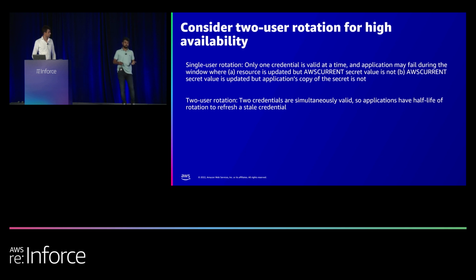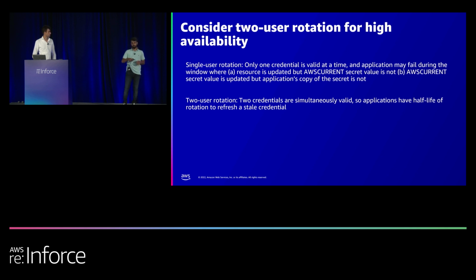The way that it works is Secrets Manager's Lambda creates a clone user of your database user, and it clones, or tries to clone, everything that your original user has. So the same access, the same permissions. And we only rotate one of those users at a time. So basically every 45 days, we're alternating between the users that we're rotating.